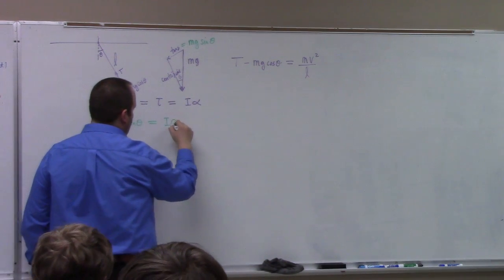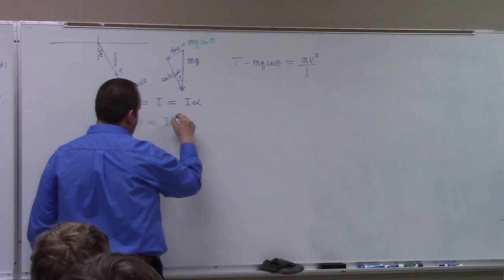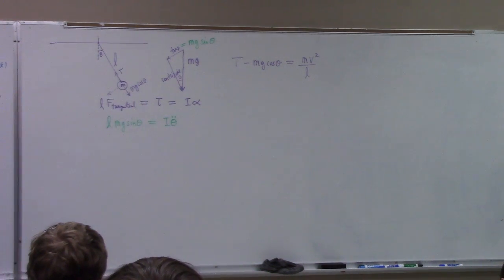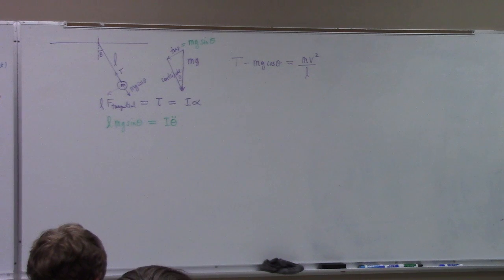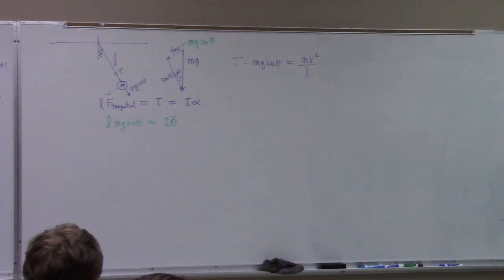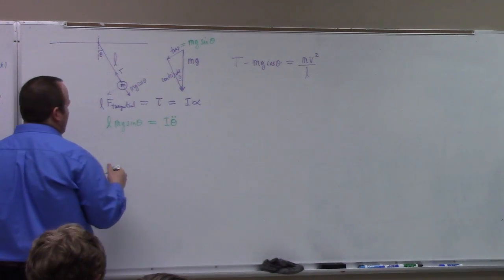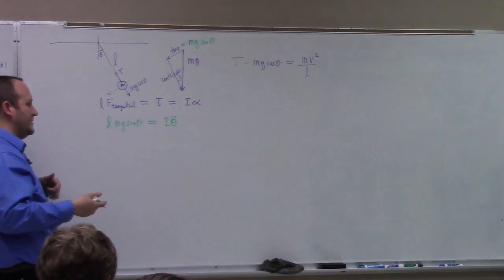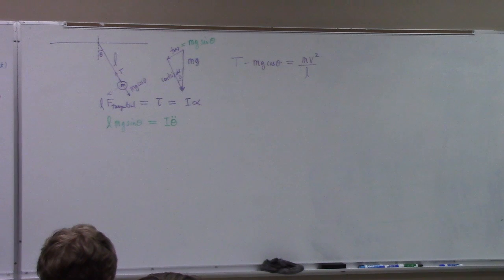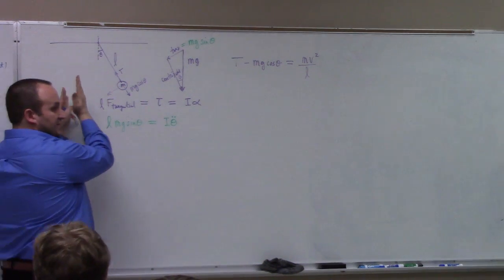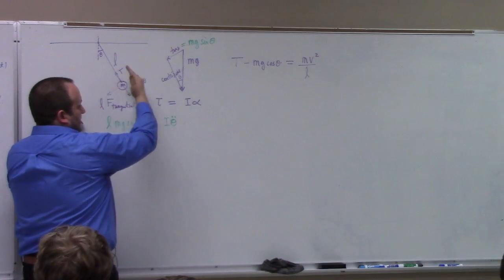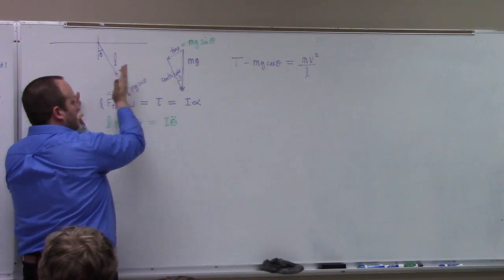Alpha is theta prime prime, or theta double dot, the second derivative of theta as a function of time. Now, there's a very important sign. I always make this sign error and then regret it. It's pretty obvious: theta increases if it swings this way. The tangential component of gravity, is it making theta increase or decrease?